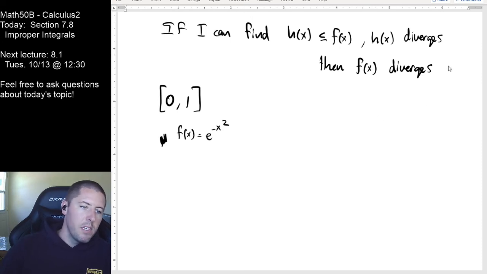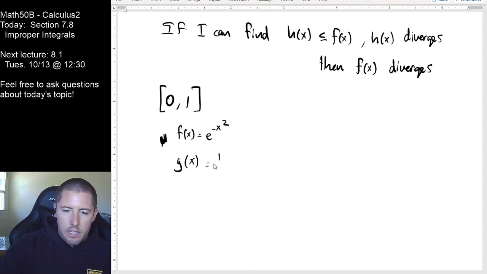Okay, so over the 0 to 1 interval, I'm going to picture, and I'll just use a generic function g of x here. We just looked at negative 1/2 x squared plus 1, right? And this gave us a picture that looked like, there's our bell-shaped curve, and we looked like this, right?